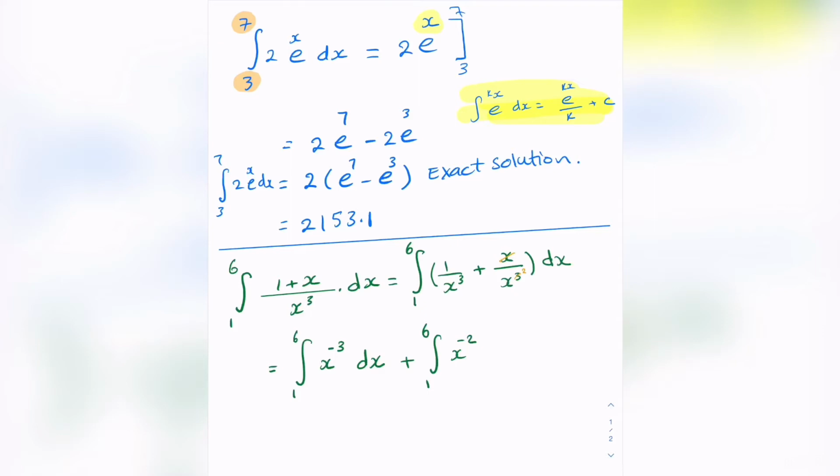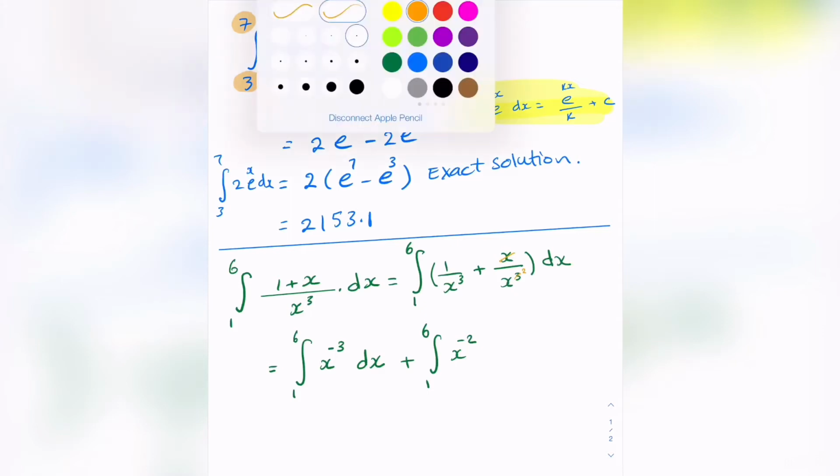Then we put it at the top, it's going to be x to the power minus 2 dx.